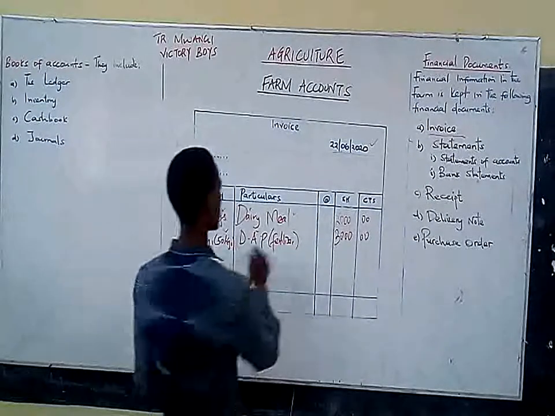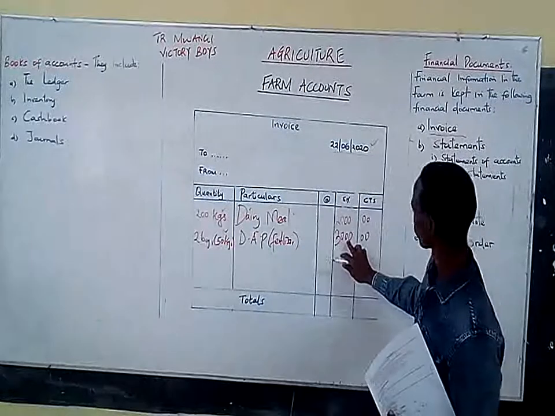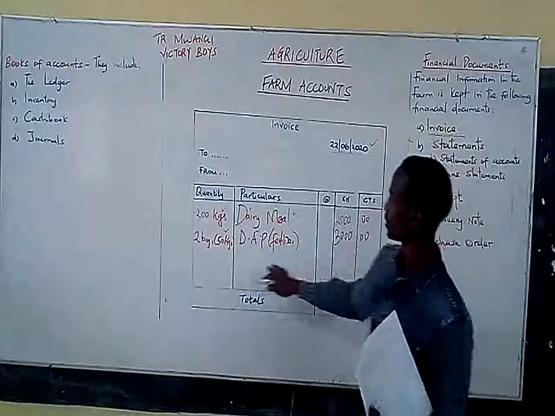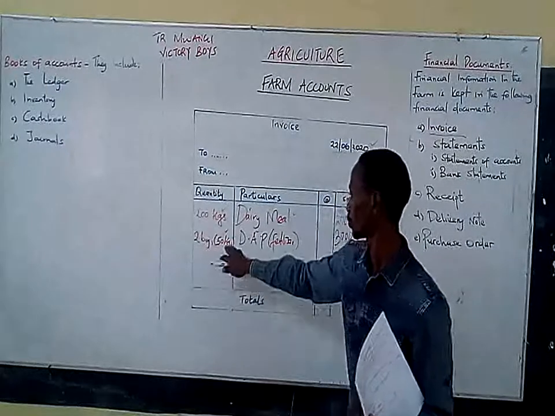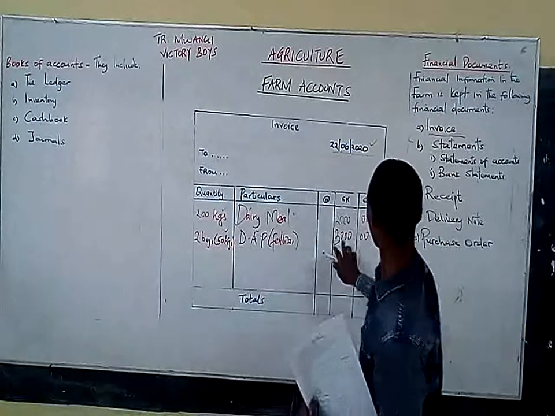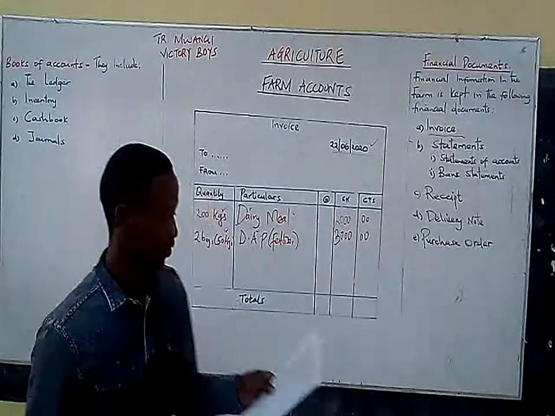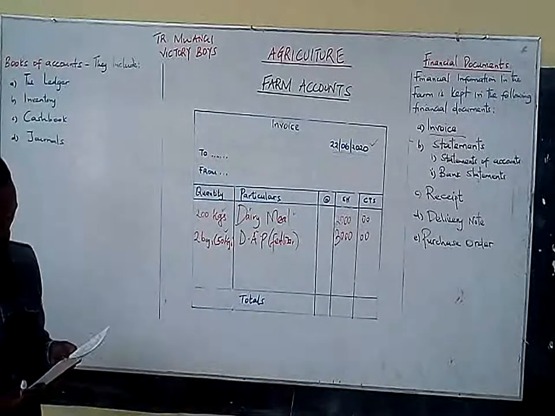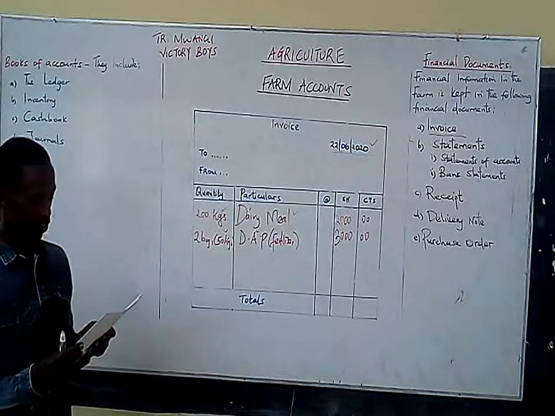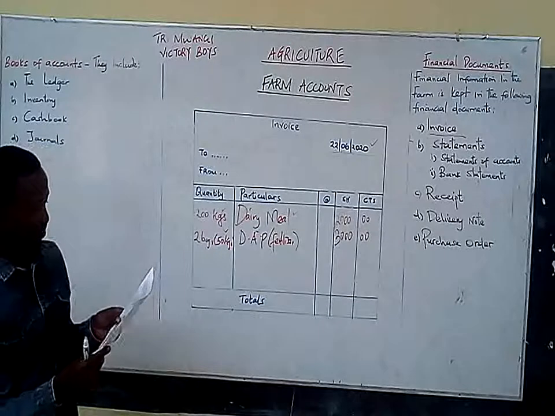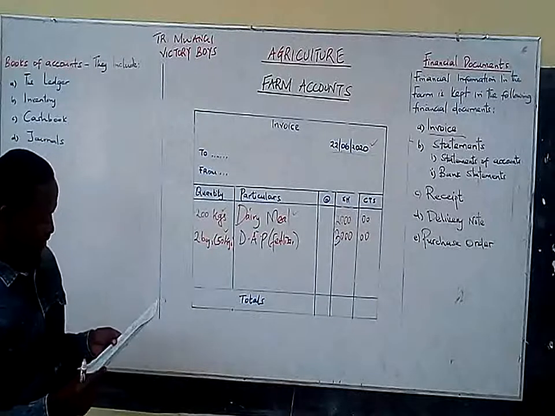Again, this is the total. If you need to find each of these, you divide 3,000 by 2 bags, which cost 3,000 each. Then you have the total cost of goods bought on that column, and the date payment which is expected.